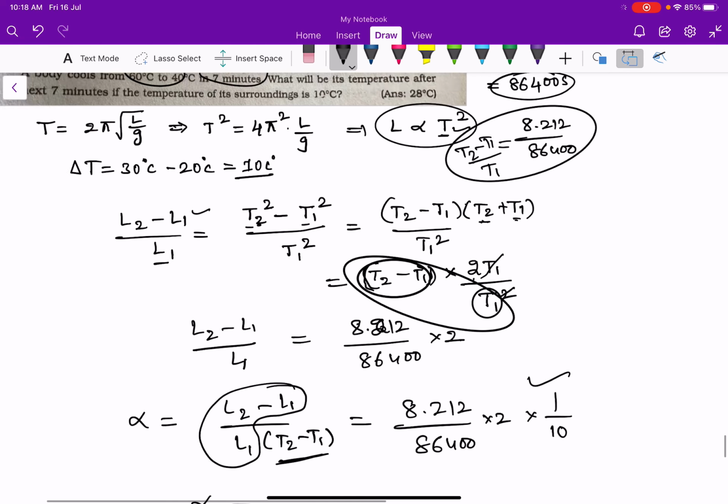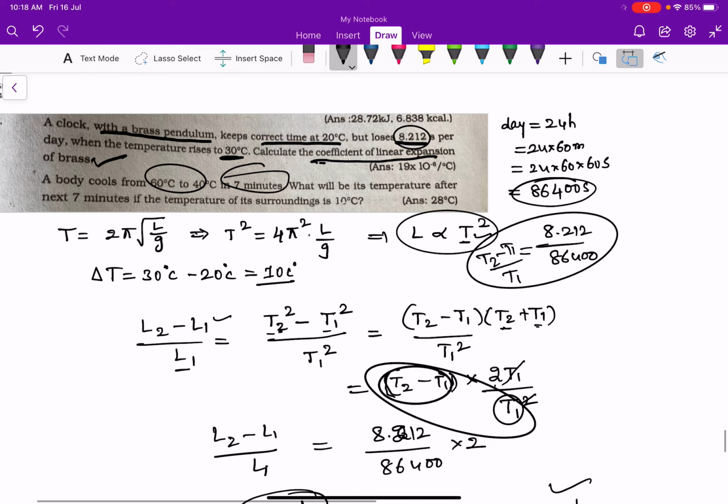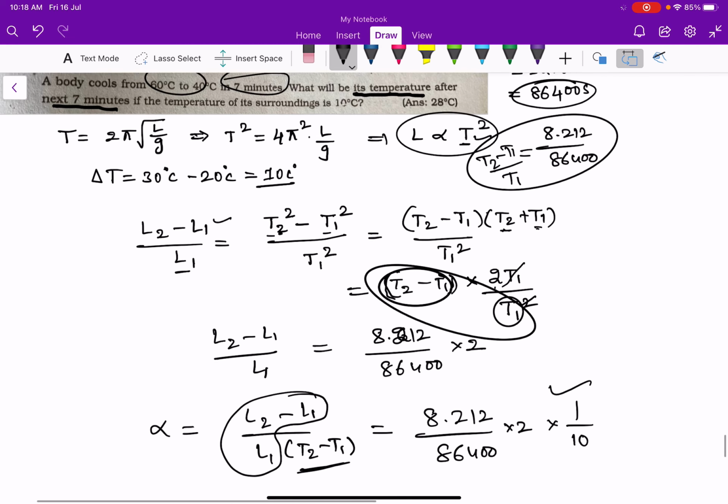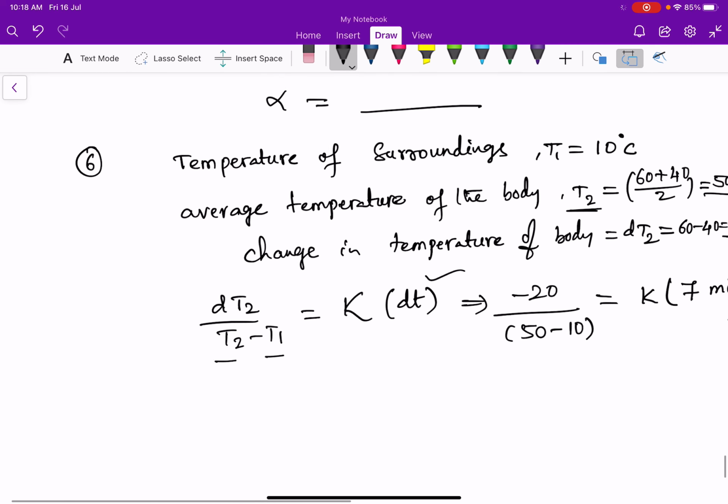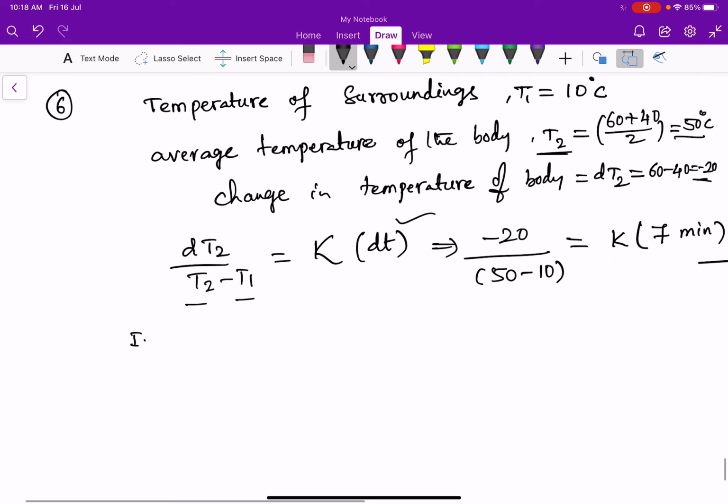So now what is asked: what will be its temperature after the next 7 minutes?